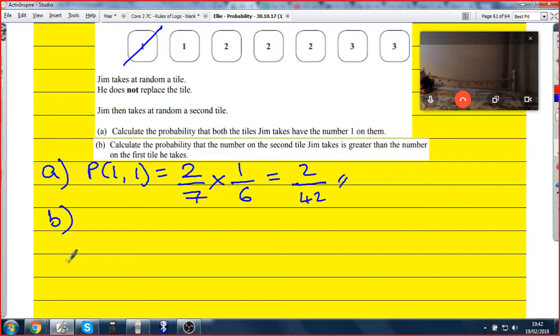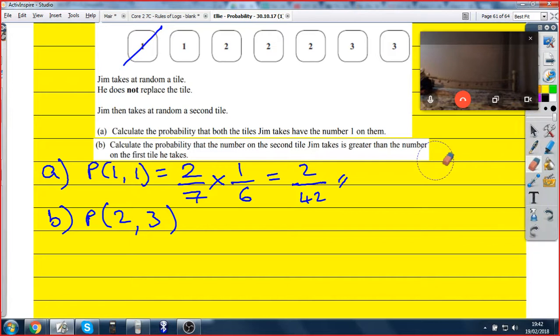So 2 and 3, and then 2 out of 5. So what are the possibilities?